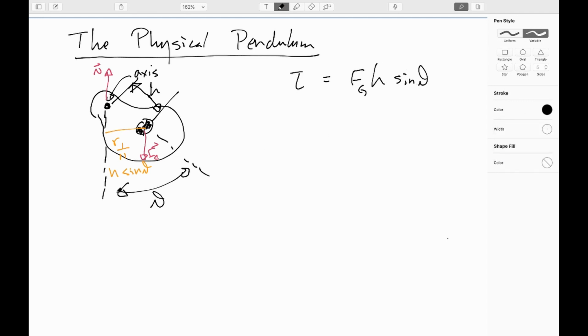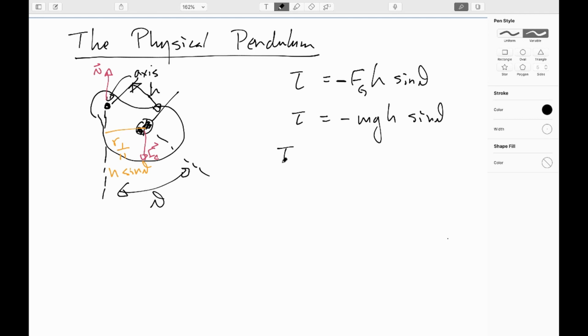And then here you can see if I've got this pulled over in the clockwise direction, the torque would be counterclockwise. And if I've got it counterclockwise, like I've got here, the torque would be clockwise. So we need a minus sign to take that into account. All right, so the force of gravity is mg, so let's make that substitution.